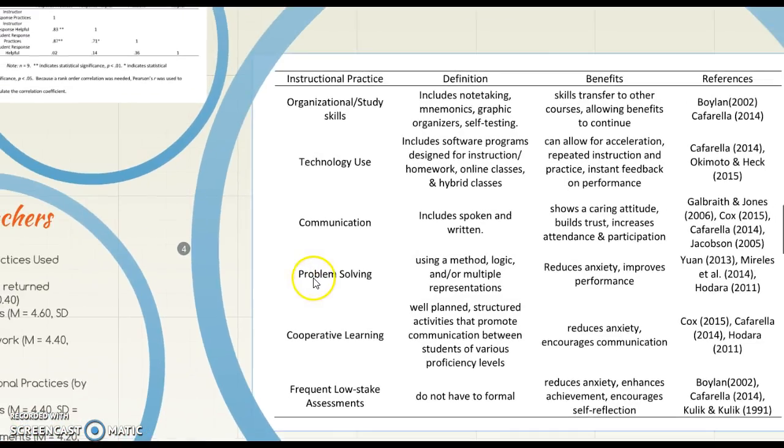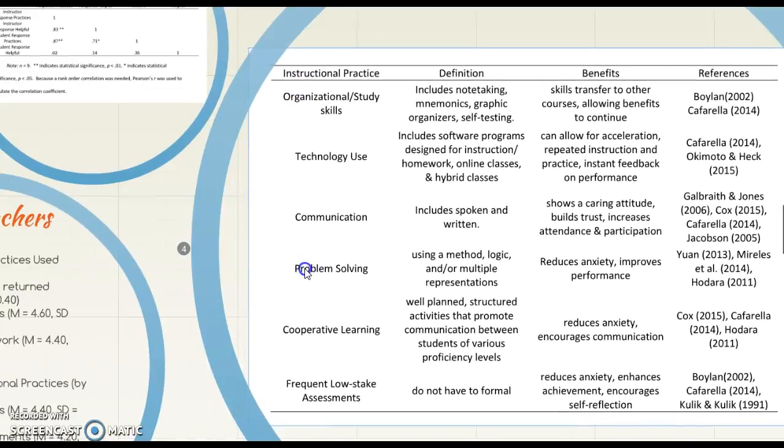So this chart shows my overview of my literature review. This review provided the basis for which instructional practices were considered best, and it also helped to guide which instructional practices would be a part of the survey that I used. And these practices had research to show that they increase student performance in developmental math.